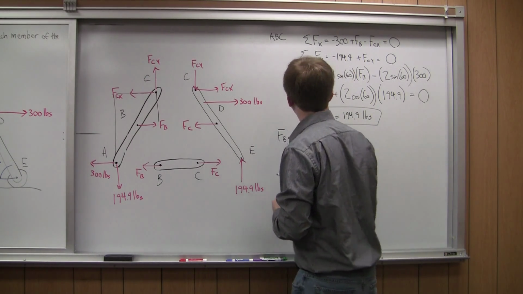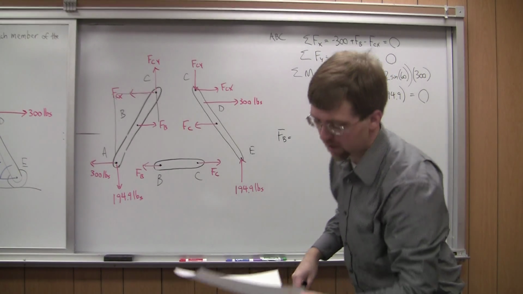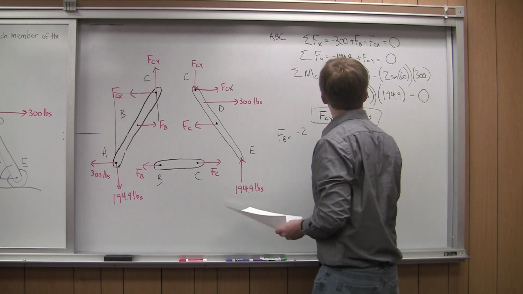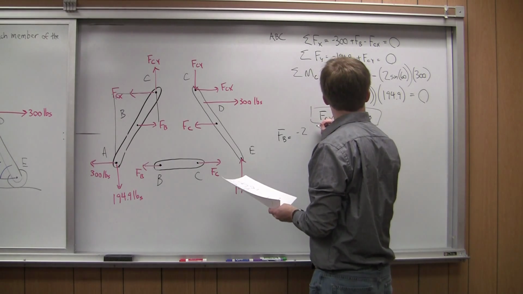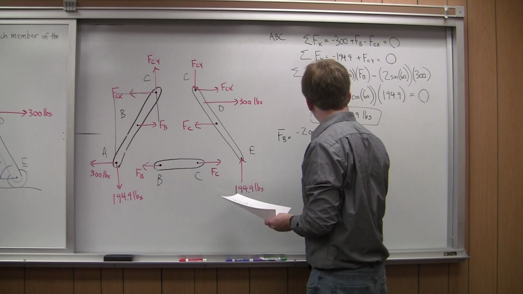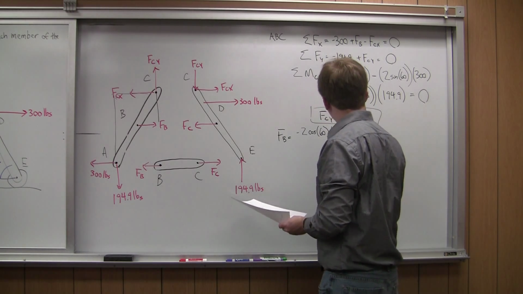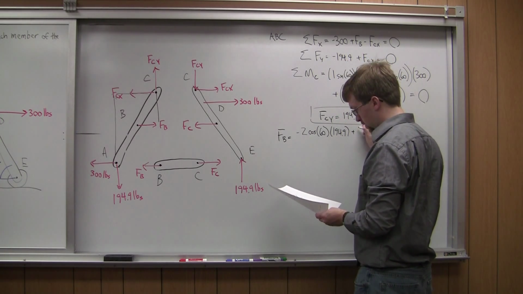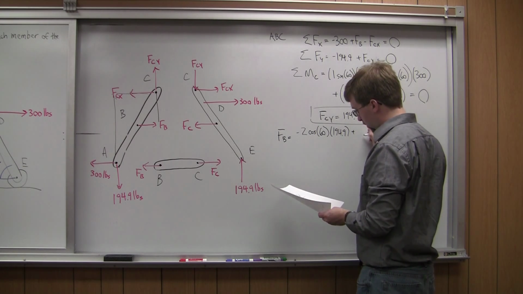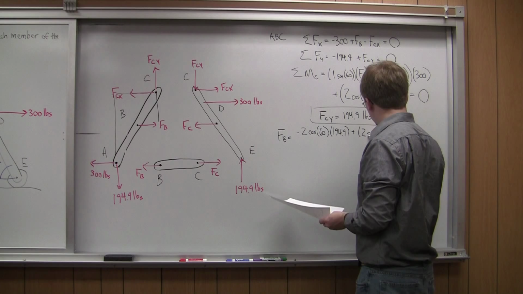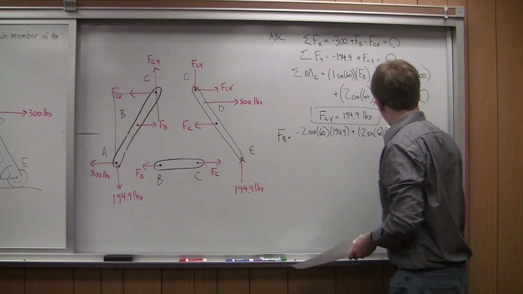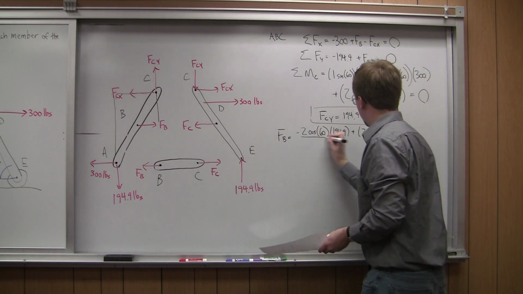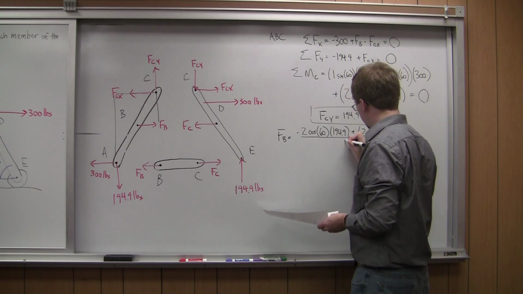FB is going to end up being equal to negative 2 times the cosine of 60 times 194.9 plus 2 times the sine of 60 times 300, all over sine of 60.